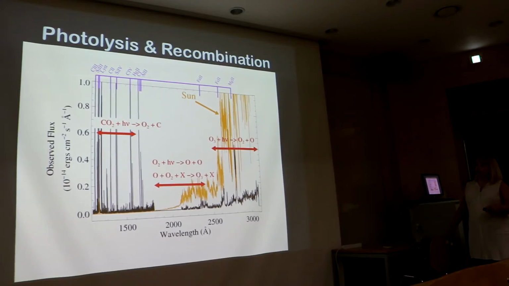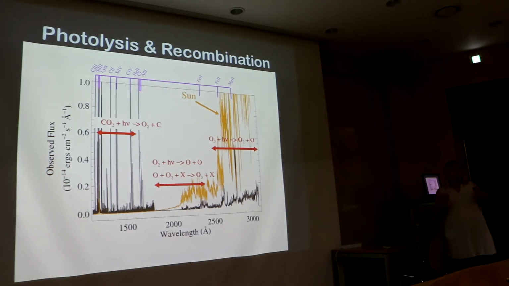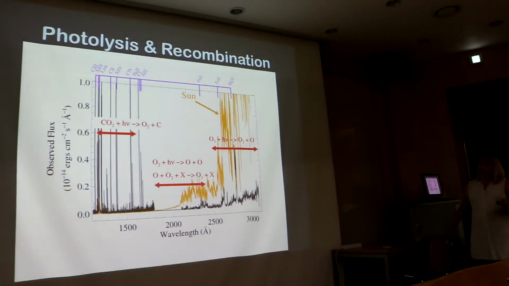That NUV flux breaks up the O2 and the O3, and so you end up with just oxygen. So on Earth, you won't see ozone if there isn't plant life to create it. However, in a cool star, you form the O2 and you form the O3, and there's no NUV flux to break it up. So what does that mean? It means you can form what we think is a biomarker without there being any life at all.